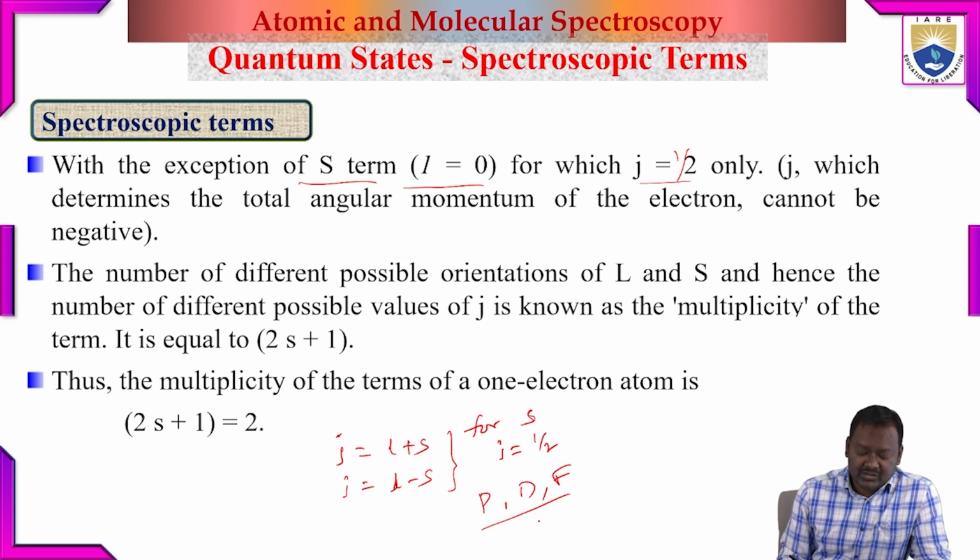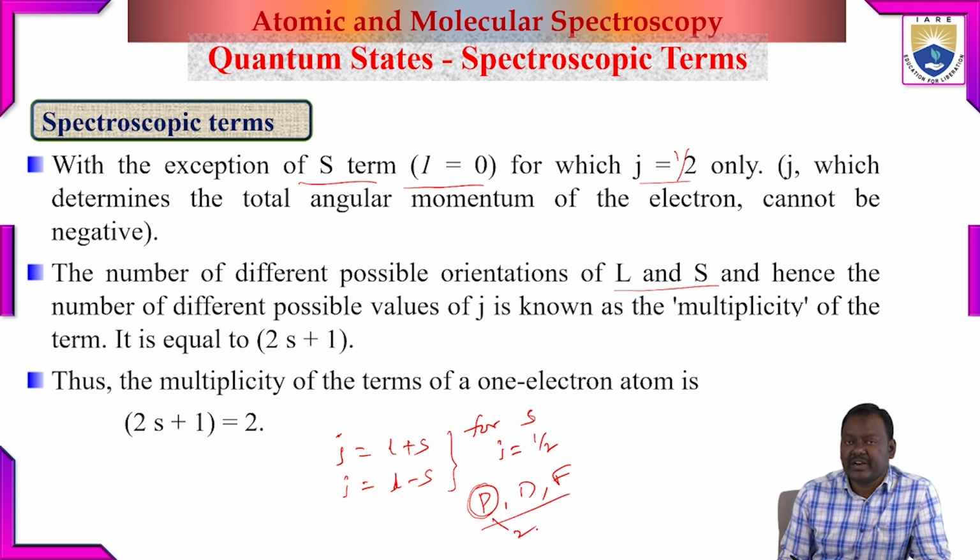sublevels. The number of different possible orientations of L and S, and hence the number of different possible values of J, is known as multiplicity. Generally, for a single electron atom, the term P can have two sublevels.